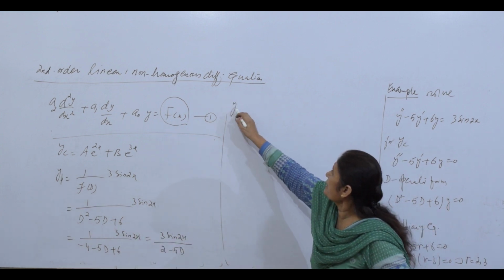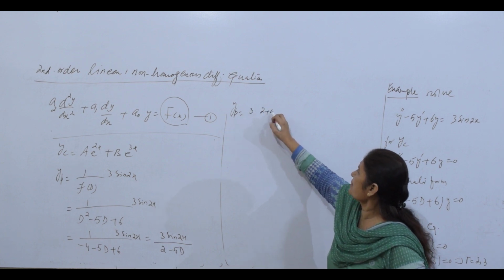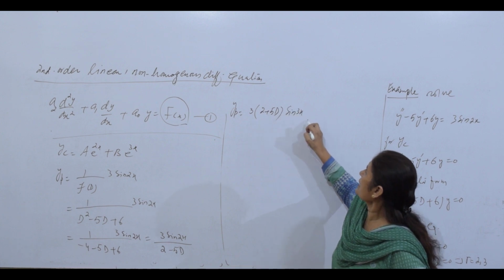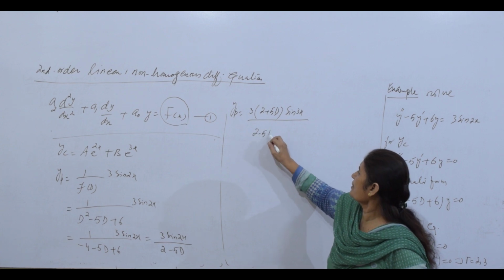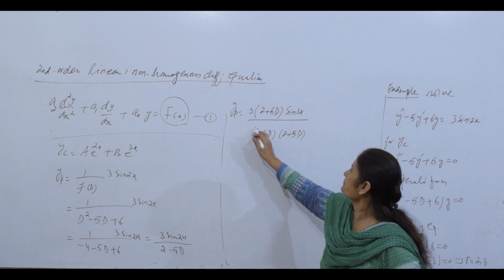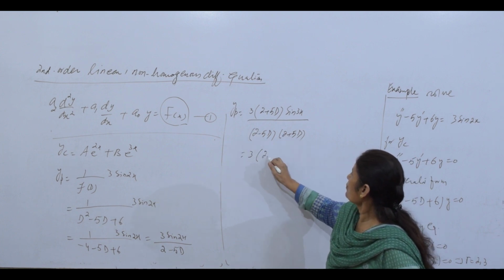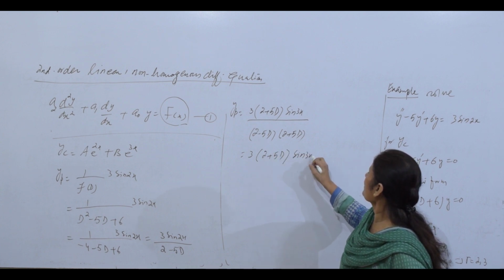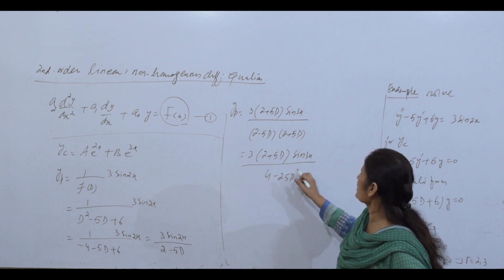So yp will be 3 is there. 2 plus 5D sine 2x, and here 2 minus 5D and 2 plus 5D. The denominator becomes 4 minus 25D square.